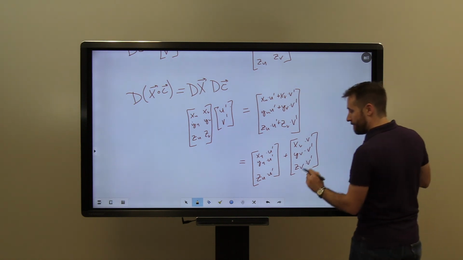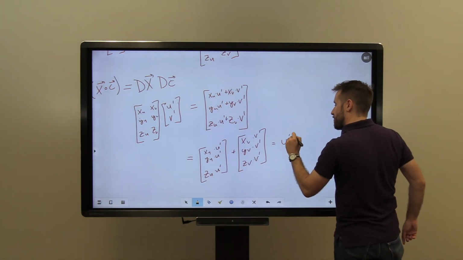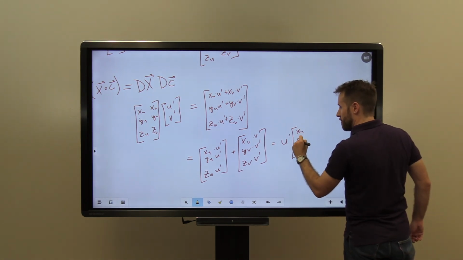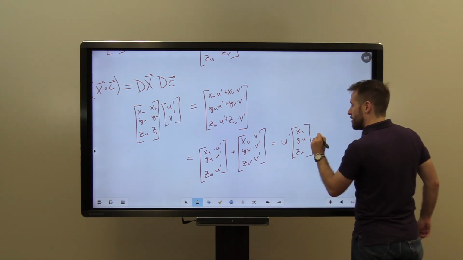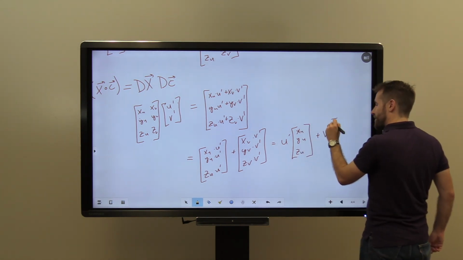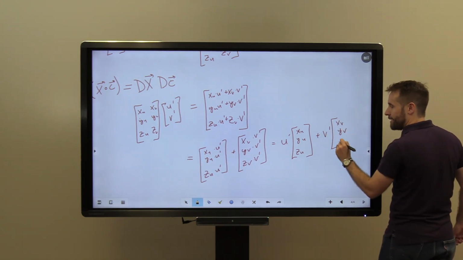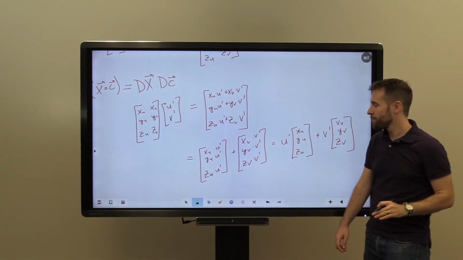All right, and I can finally factor out this u prime, so that'll be u prime times x u, y u, z u, plus v prime times x v, y v, z v. So I can rewrite it like this if I want to.